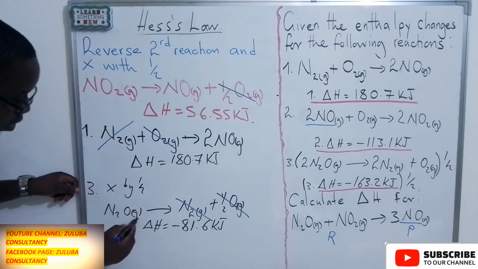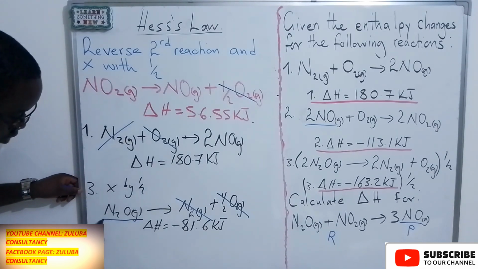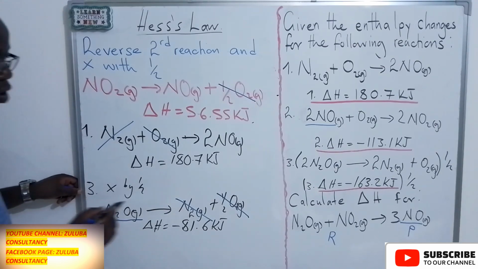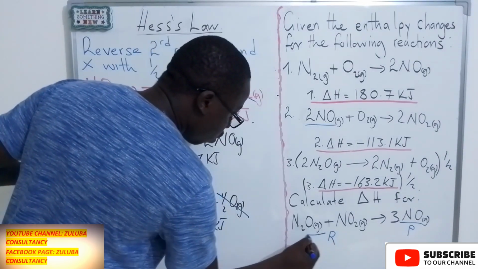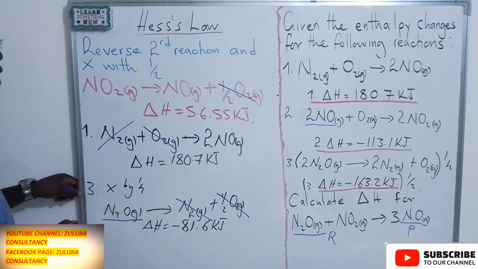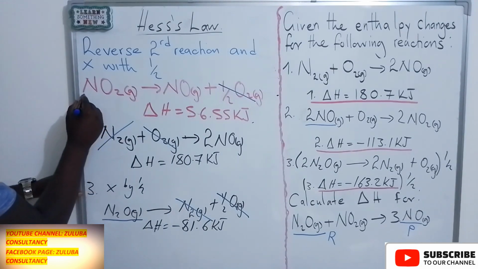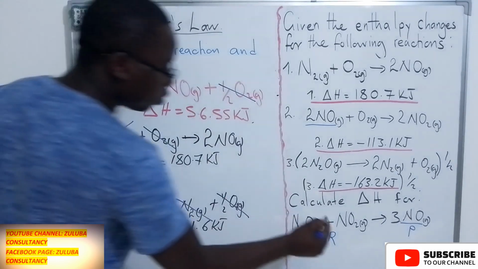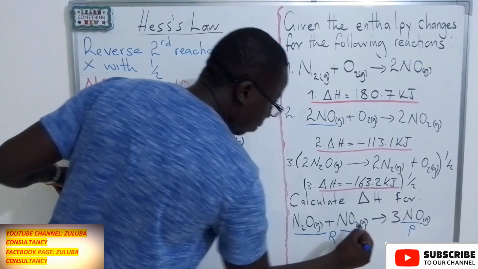The first thing we are remaining with is this one as a reactant, that is N2O, which is the N2O that we have here. The second thing we have remained with is NO2, which is here.